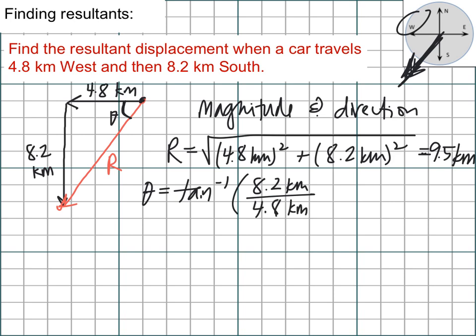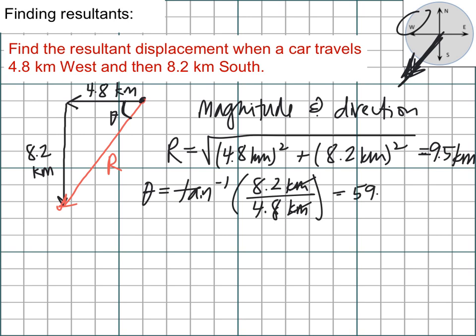I put the units in there just to make sure that I've got everything in the right units. If maybe I'd been given miles for one direction and kilometers for the other, I'd have to convert something. These units should cancel out before I use that inverse tangent. Make sure your calculator is in degree mode. And at this point, I'll take a look here. It looks like it's about 59.7 degrees.